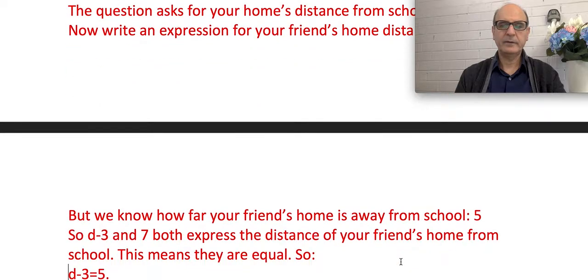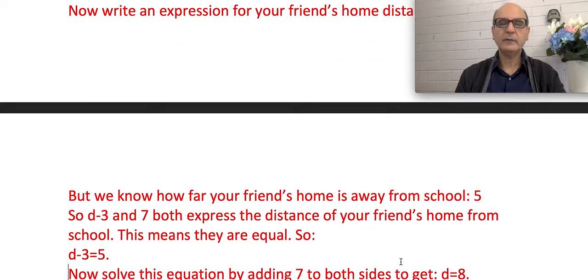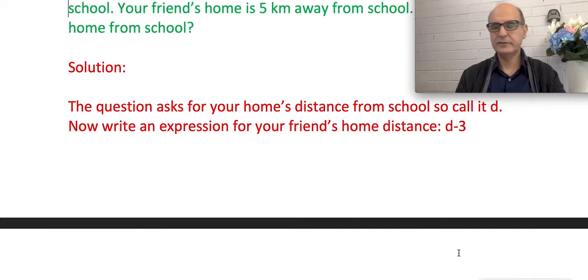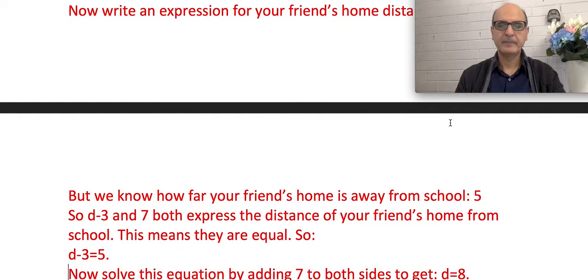Now, we know that your friend's home's distance will be 3 kilometers less. So whatever your home is, take away 3. That's the distance of your friend's home from school. But they are also telling us your friend's home is 5 kilometers away.